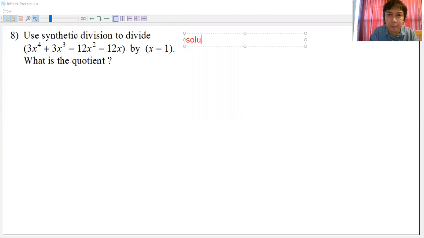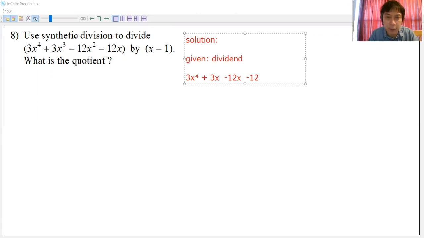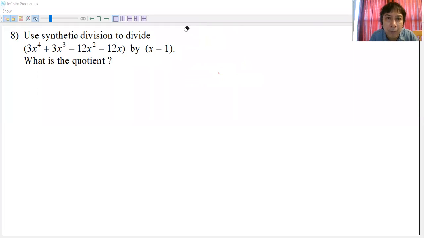Okay, the given first. Given dividend. All right, 3x to the 4th plus 3x cubed. Let me continue first. Minus 12x squared minus 12x. Let me clear that.